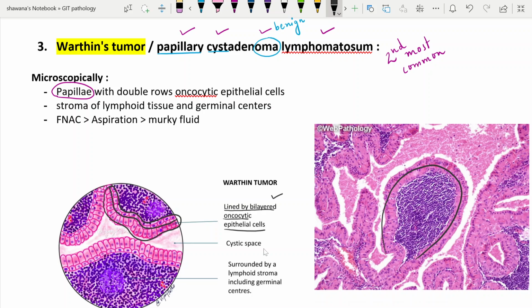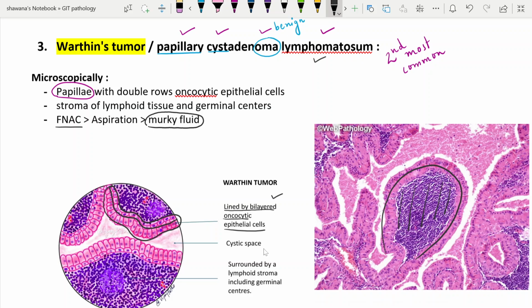And what is called lymphomatosum? It means that inside the papilla there is a lymphocytic infiltrate. Lymphocytes are present here with germinal centers. Okay, and in FNAC, meaning fine needle aspiration cytology, in which we take a needle and aspirate some material from the tumor, we are going to see a murky fluid.